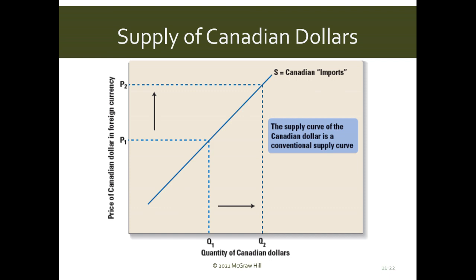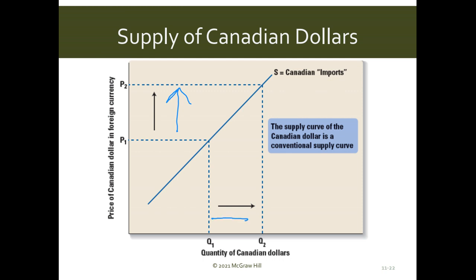So the import, or supply of Canadian dollars, is an upward sloping curve. The supply curve of the Canadian dollar is a conventional supply curve. I don't have to show you, but you can easily find that if your currency is appreciating, you are going to import more. Why?